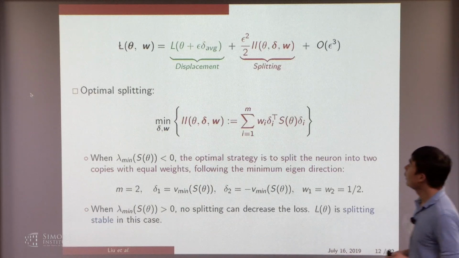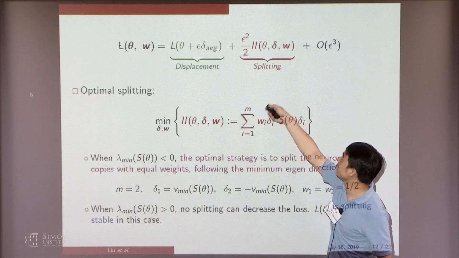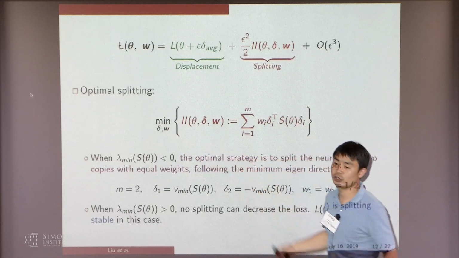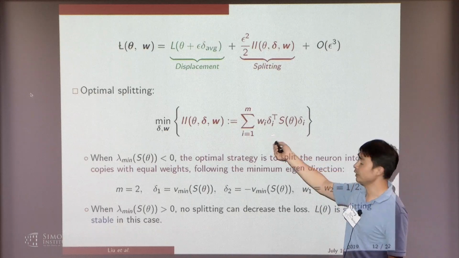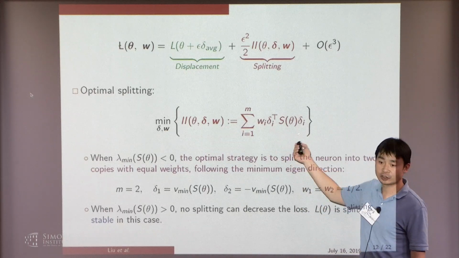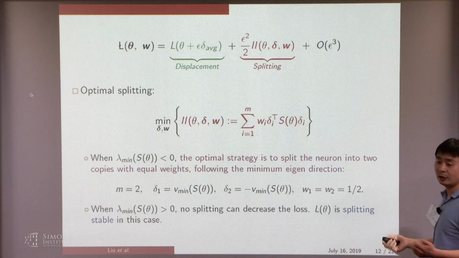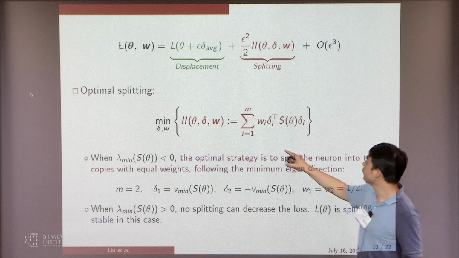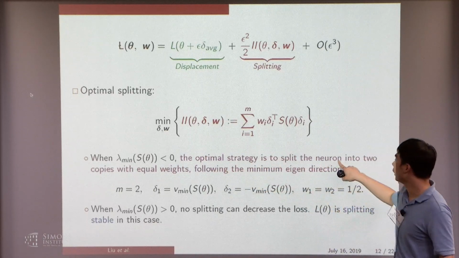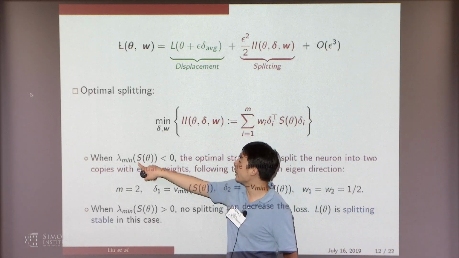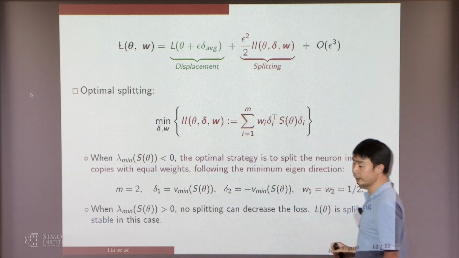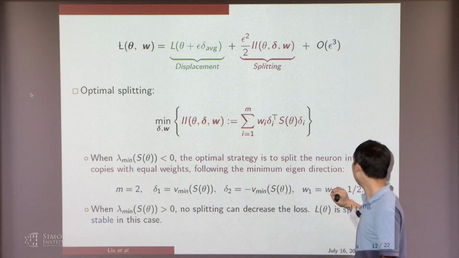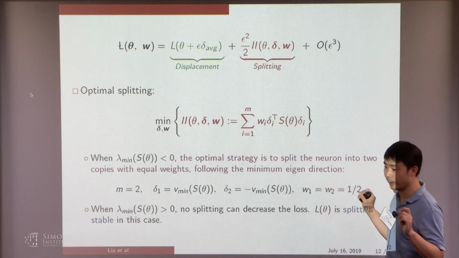Following this, because we are decoupling the displacement and splitting, we can try to find the optimal splitting strategy by minimizing the second splitting term. Because it's a quadratic term, it's very easy to say that if the minimum eigenvalue of S is smaller than 0, then the optimal solution is just splitting each neuron into 2 copies with equal weights.